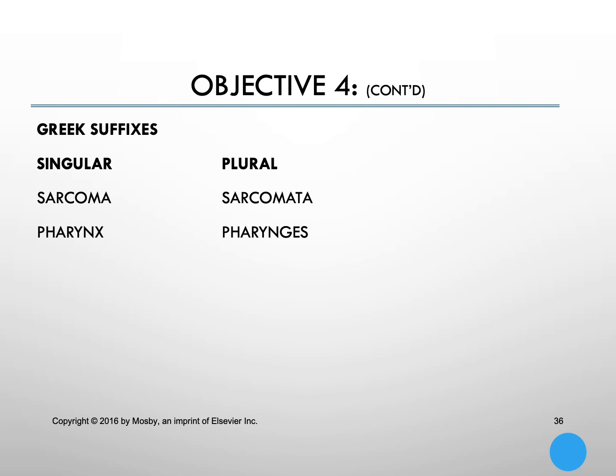Okay, pharynx we use to refer to the throat, right? Predominantly. A ganglion is a little cyst that arises from the tendon sheath, and if we're talking about one of those little guys, we say ganglion, but if it's more than one, we call it ganglia. Metastasis, again, I gave this example before. Metastasis is singular, and then metastases would be plural.